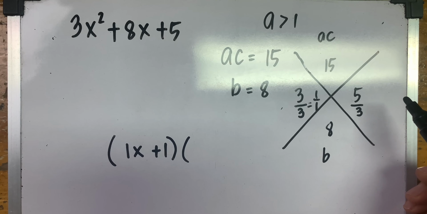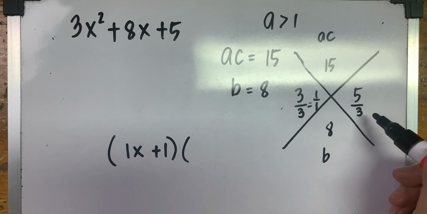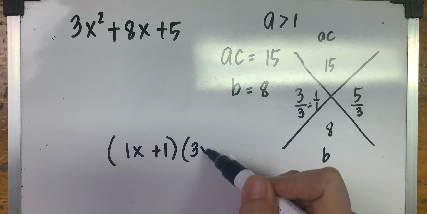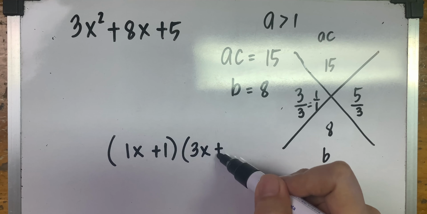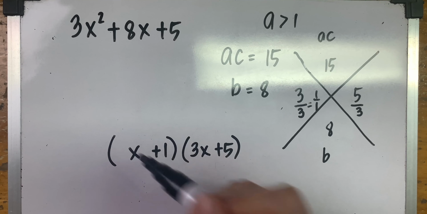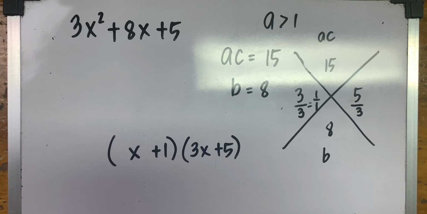And then the other factor will be, we'll get the number below, which is 3, which will be the coefficient of x, and then plus 5. Okay, now normally we don't write 1x plus 1, so we'll just write x plus 1. Now to check whether this answer is correct, we'll use the FOIL method.